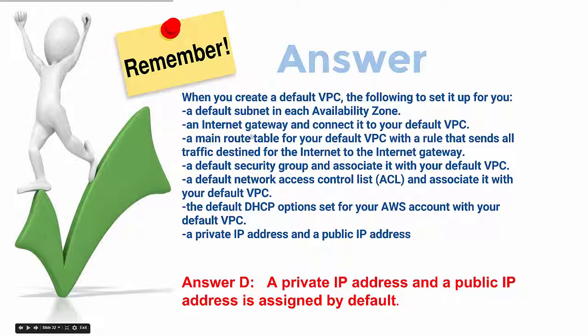We will go into more detail about these later on, route tables and security groups. A default NACL, default DHCP options, and finally, the thing that gets assigned by default is a private IP address and a public IP address, which is the answer to our question.